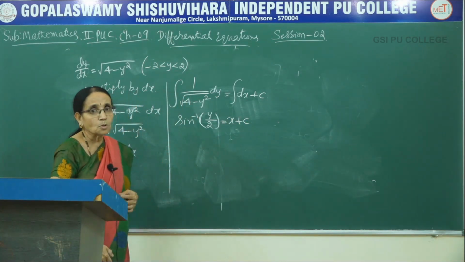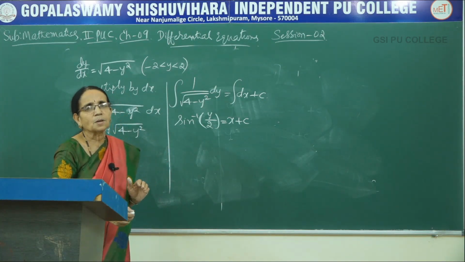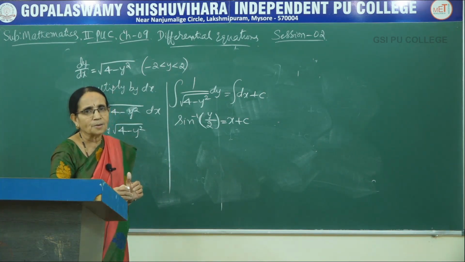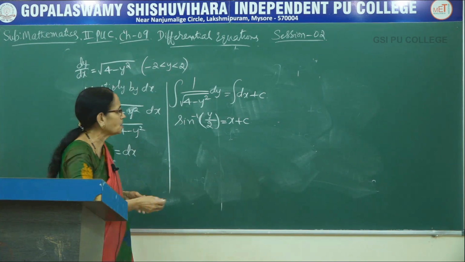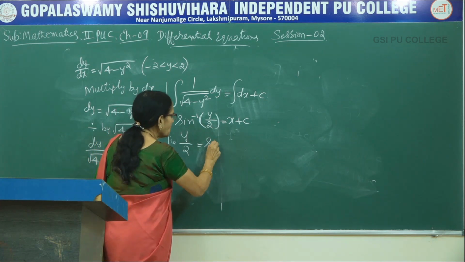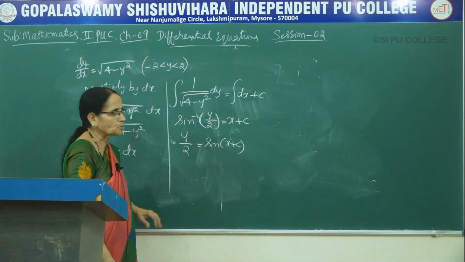Now again, I told you already, the solution is complete. You can stop here. But let me use the definition of the inverse function. I am trying to present the answer in a better way. I can write y by 2 as sine of x plus c.